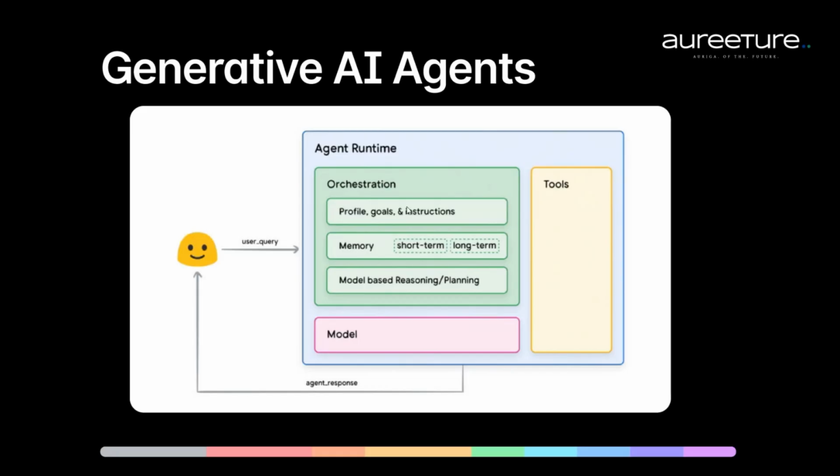As you see here, if you see my cursor, whenever a user asks any query to the particular agent, the agent first orchestrates in a manner that we get the profile, we get the memory, and you also learned that we have short term memory and long term memory. We also have tools access, and we also have a model, which model we are currently working on. So without any single component, we would never say that the model is an agent basically.